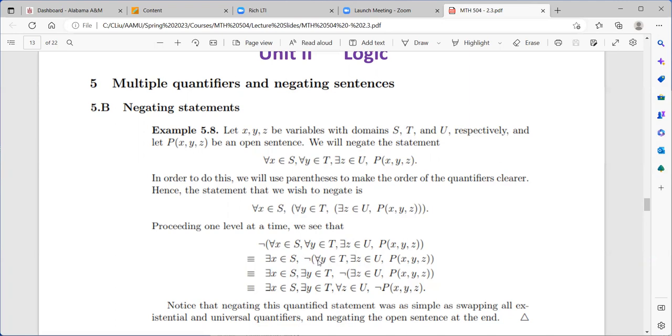Then you negate the remaining part. And for that again, because this has two layers, you can change the universal quantifier for Y to the existential quantifier for Y. So there exists Y in T, and then you negate the remaining part.